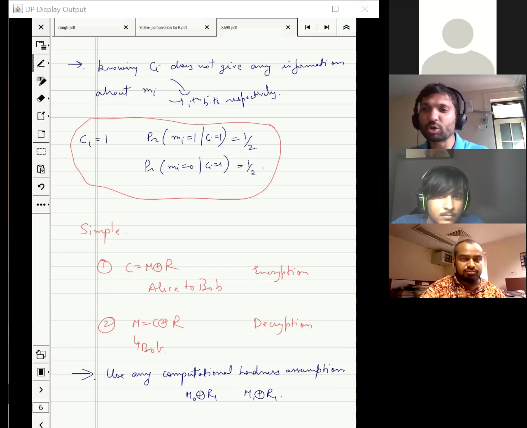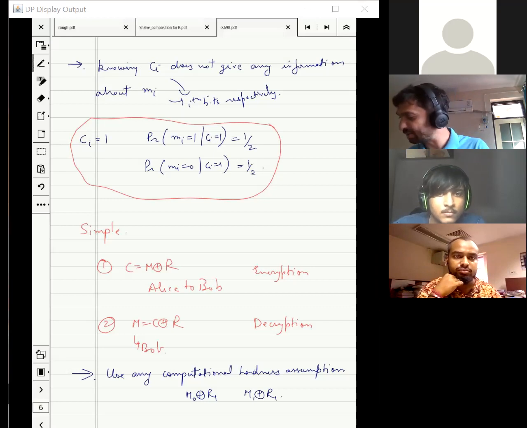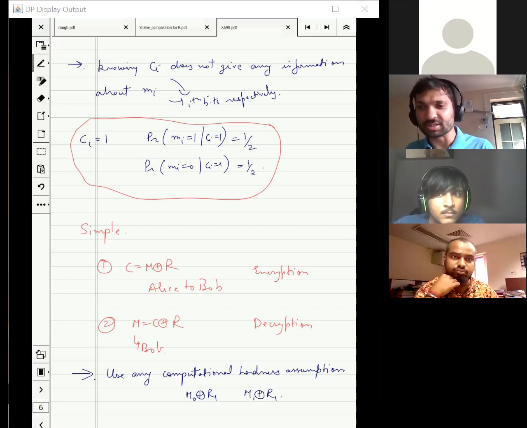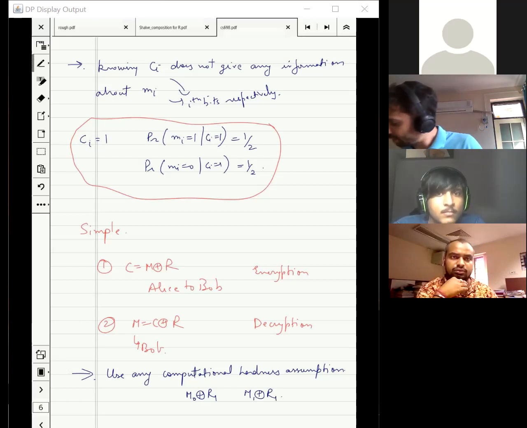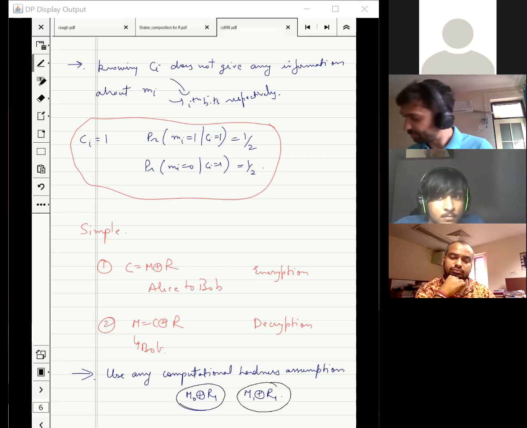Or even if you don't have query access, in the sense that you need not query whatever message you want to send, even if someone is sending it, after sending two messages, you might not get the individual messages, but you will get the XOR of them. That is some information, right? So if Eve gets these two things, they will just XOR them, and they will get M0 XOR M1.